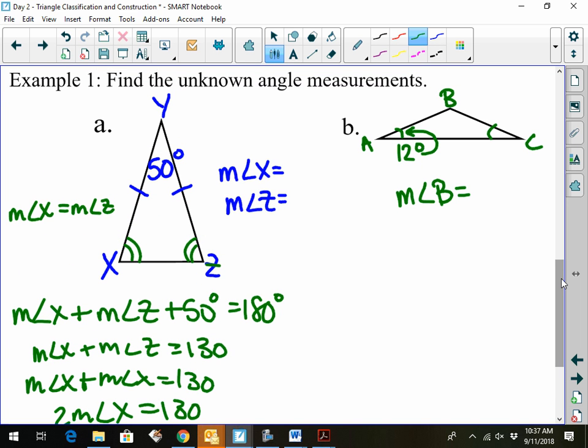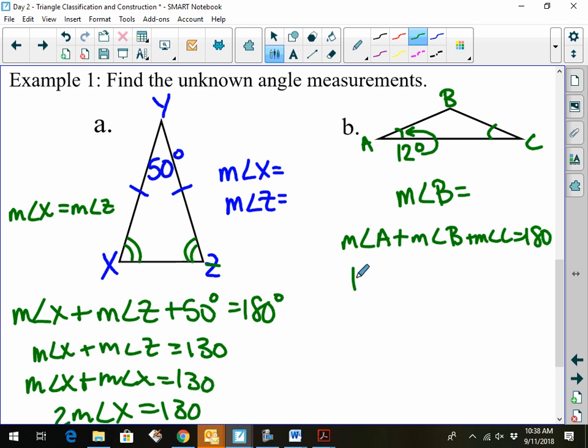We see that the measure of angle A is 12, and it's only asking for the measure of angle B. However, with these symbols here, we know that C is congruent to A. So we can just do measure of angle A plus measure of angle B plus measure of angle C equals 180, like we learned previously.